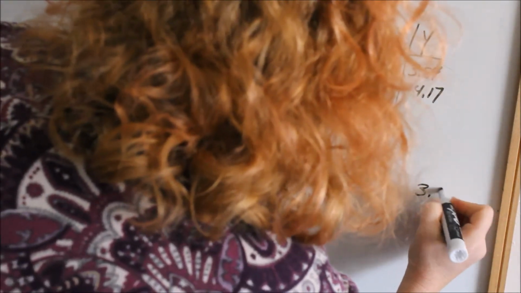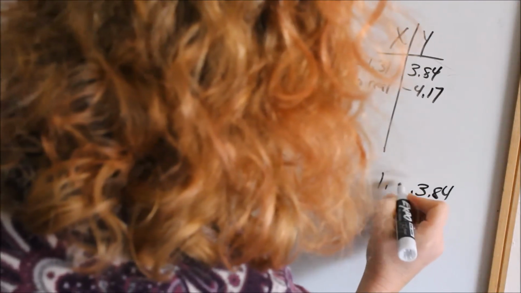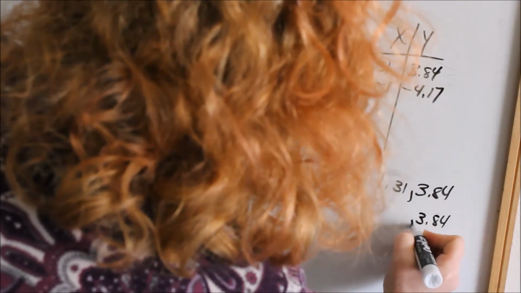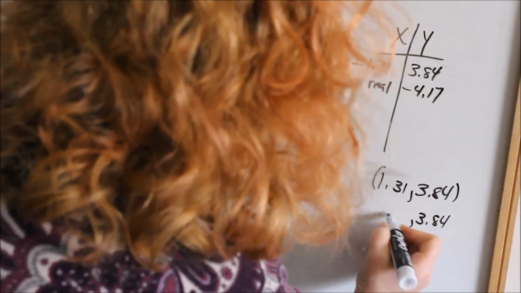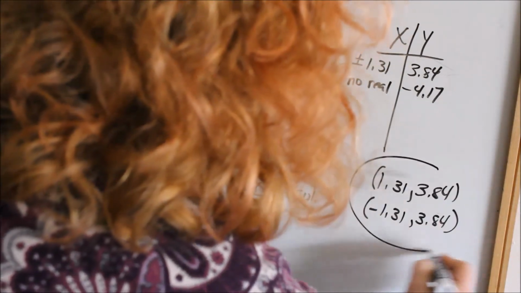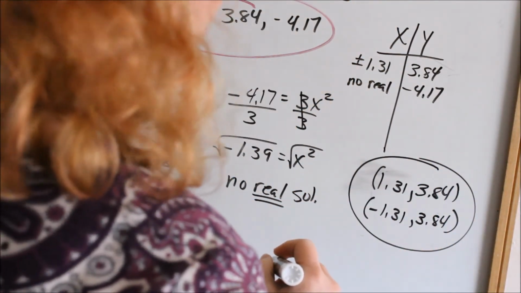So when y is 3.84, that's our y coordinate, we get an x value of 1.31. Also, when y is 3.84, we get an x coordinate of negative 1.31. These are the 2 points where the parabola and the circle should be intersecting.